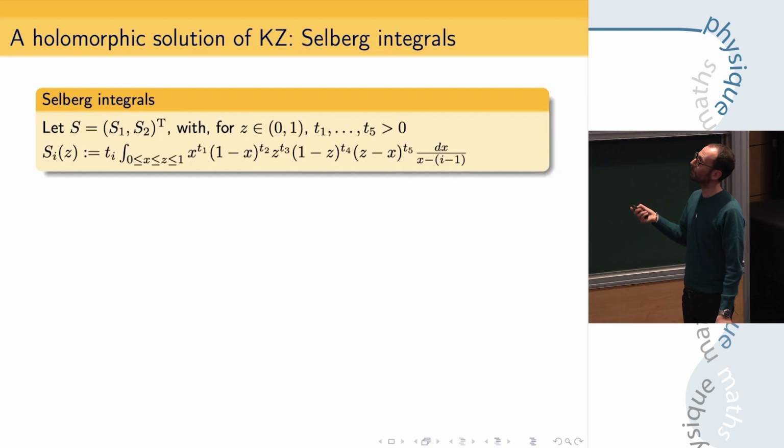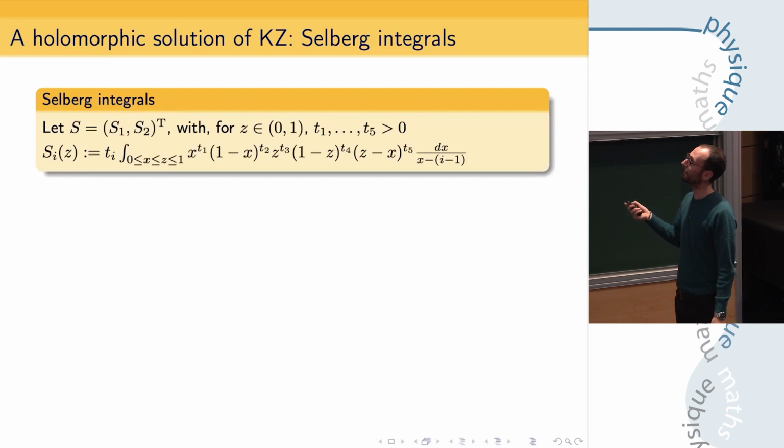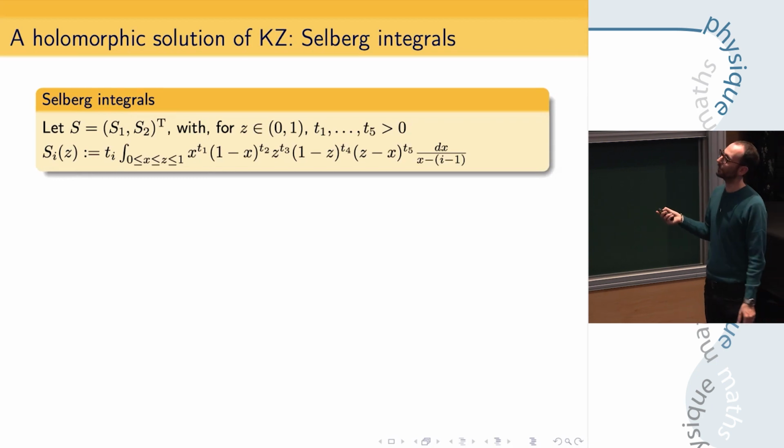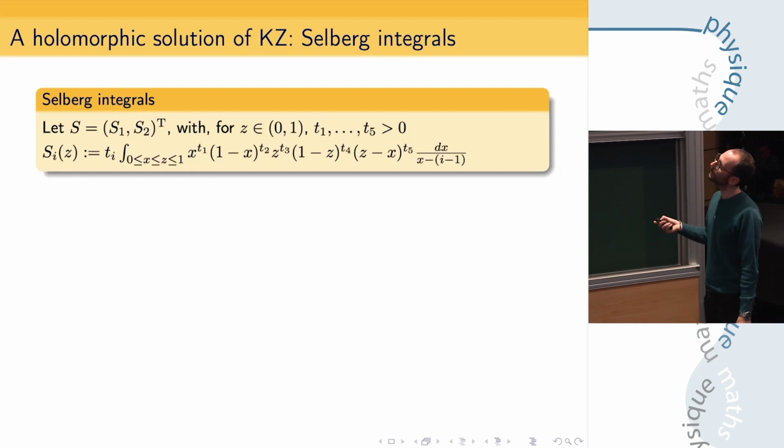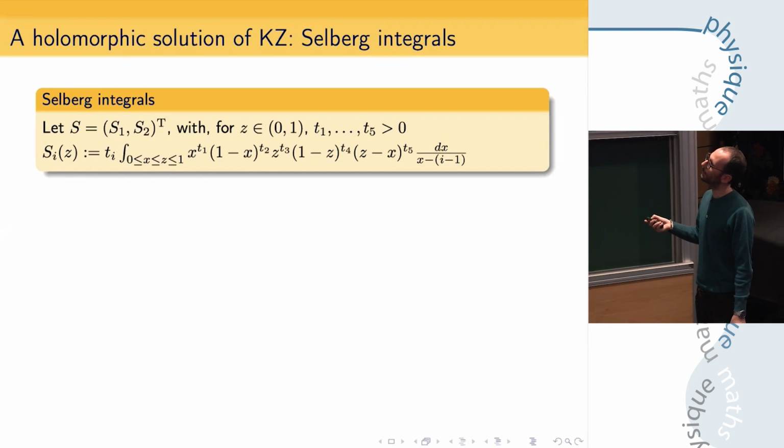A different holomorphic solution of KZ is given by so-called Selberg integrals. What are Selberg integrals? I'm just going to give an example, and then you can imagine how this works for a higher number of points. Let's say you have just two Selberg integrals that I define the following way.